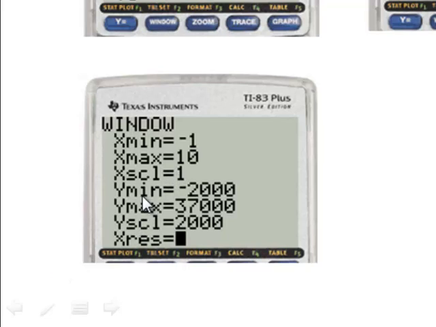My y min is negative 2,000, and the reason why I picked negative 2,000 is because I want to go a little bit below 0, because here I'm counting by 2,000. My y max is a little bit more than my y-intercept, so I can see the y-intercept on my graph.